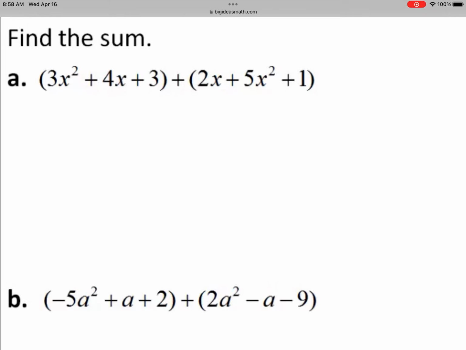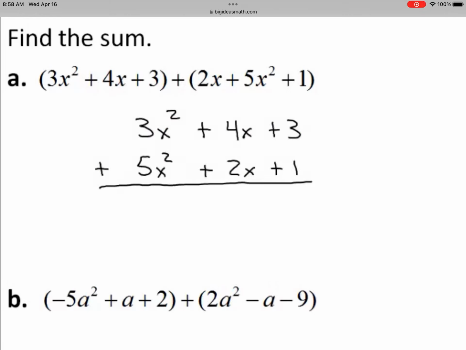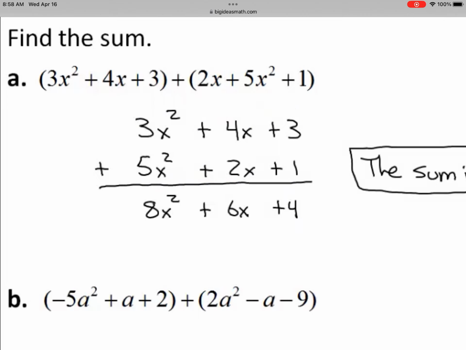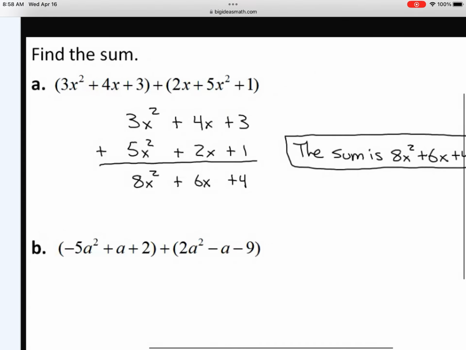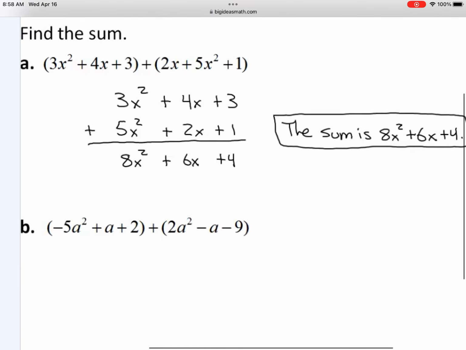Align the like terms vertically and add. 3x squared plus 5x squared equals 8x squared. 4x plus 2x equals 6x. And 3 plus 1 equals 4. So the sum is 8x squared plus 6x plus 4.